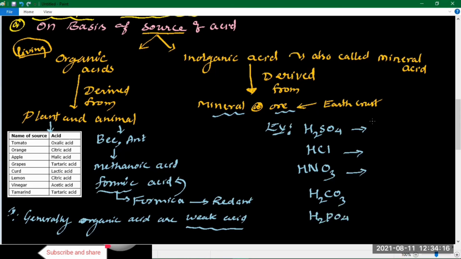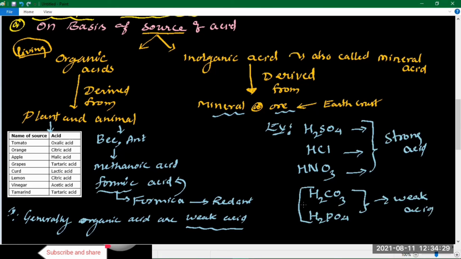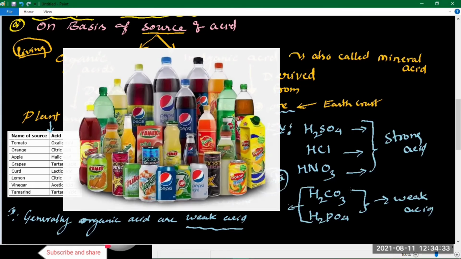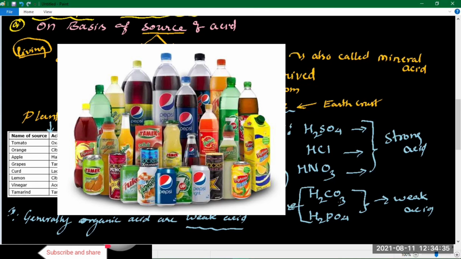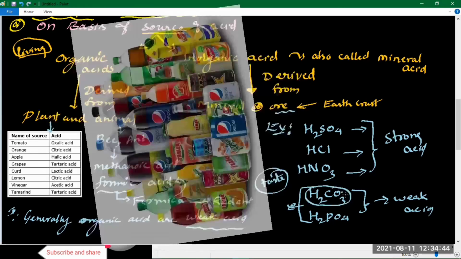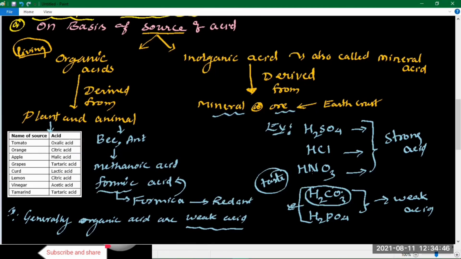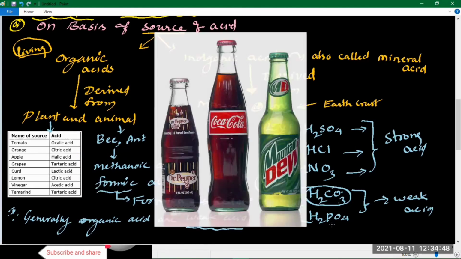You must remember these three belong to strong acids, and this belongs to weak acids. You can see that weak acids we can easily taste. For example, Pepsi, Mirinda, Coca-Cola, the soft beverages, those liquids are filled with dissolved carbon dioxide. That is called carbonic acid.